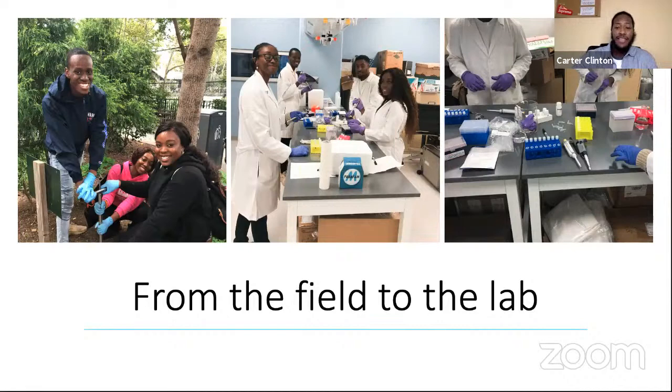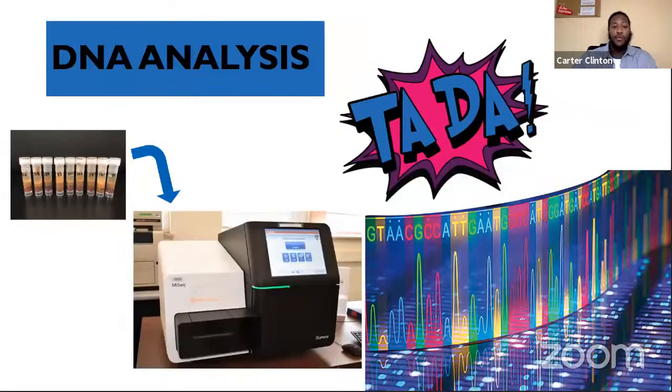Now, once we had that DNA extracted, which looks like something over here in a really, really small vial, we put it into a next generation sequencer. So let me back up for a second. Let me explain what DNA is. It really is this chemical makeup that makes you you and makes me me.